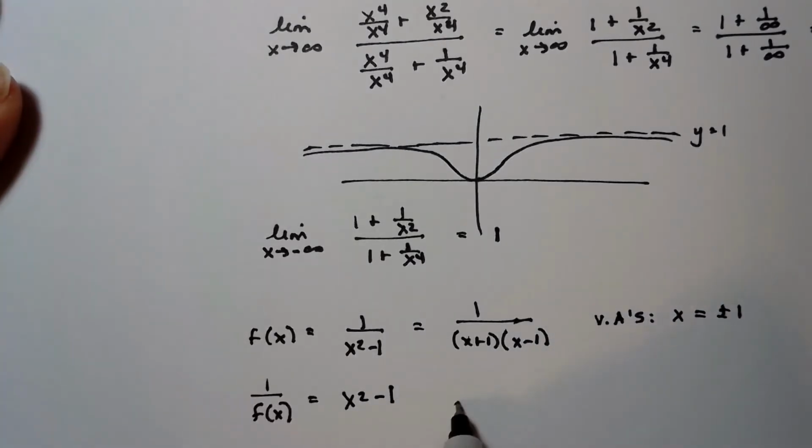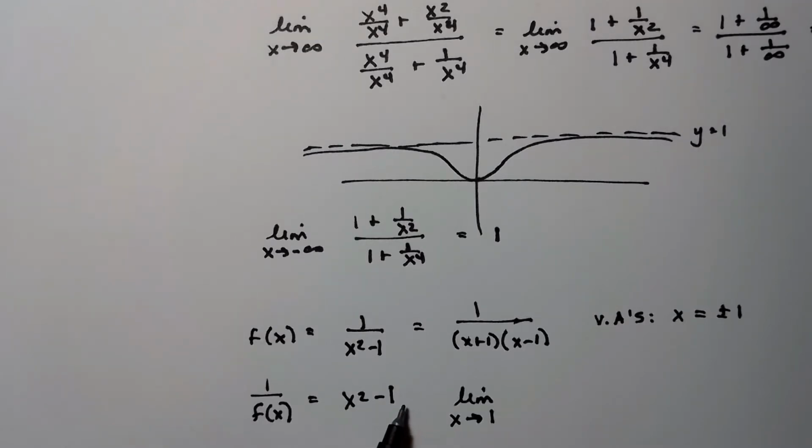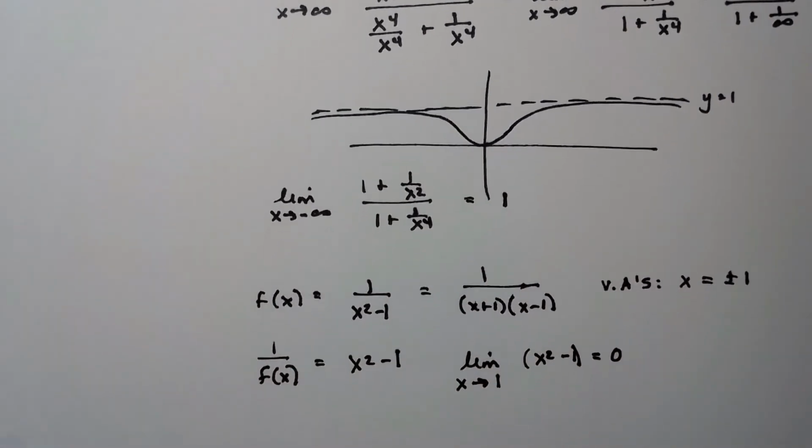And if I take the limit as x approaches 1, why am I choosing 1? Well, because if I solve this thing, then I'm going to have this equal to 0, so x squared equals 1, and when I take the square root I get plus or minus 1, right? So I have to take a limit for each case. So the limit as x approaches 1 of this thing is 0, right? If I plug a 1 in, I get a 0, there's no problem, that's the limit.